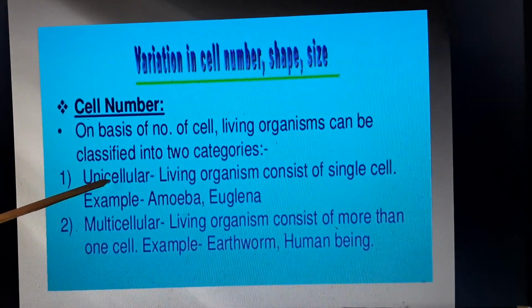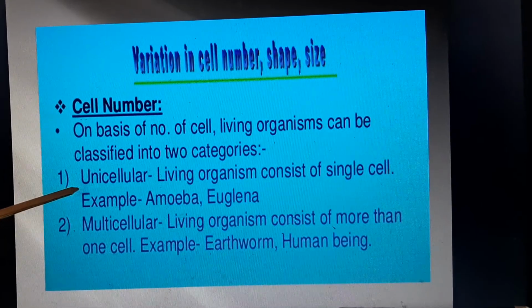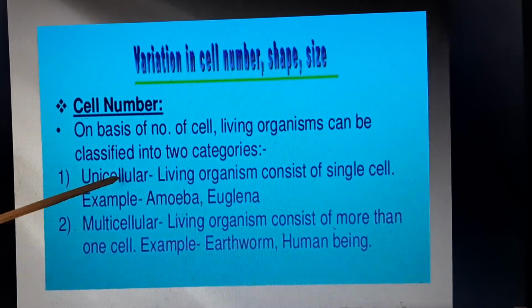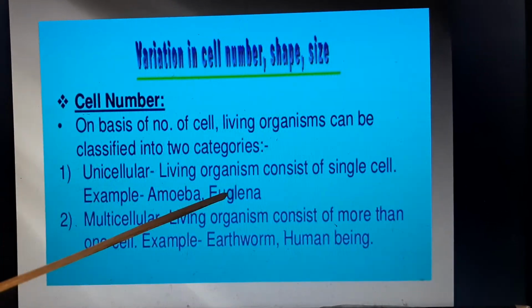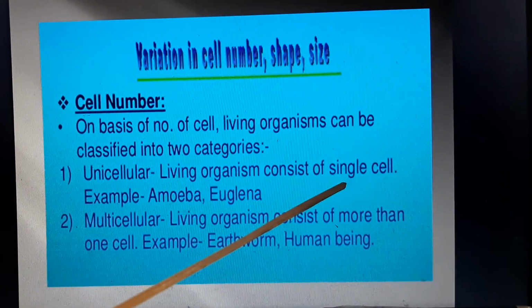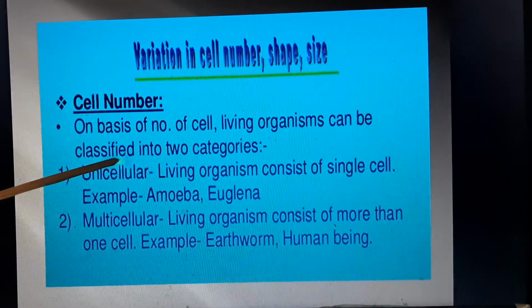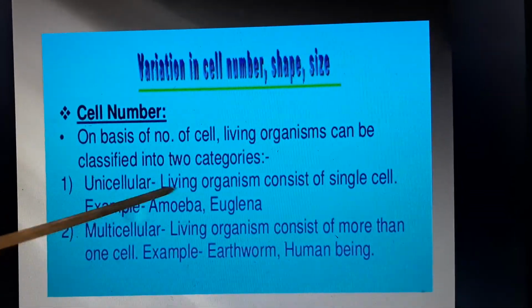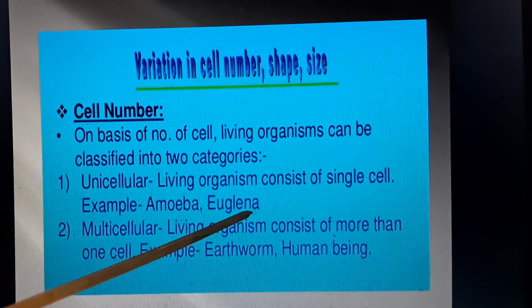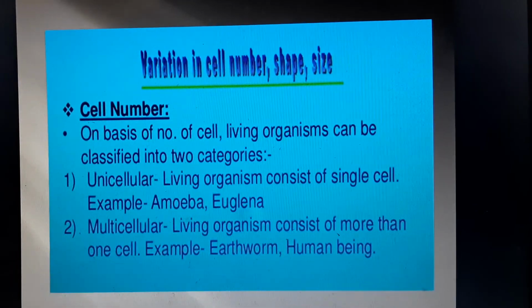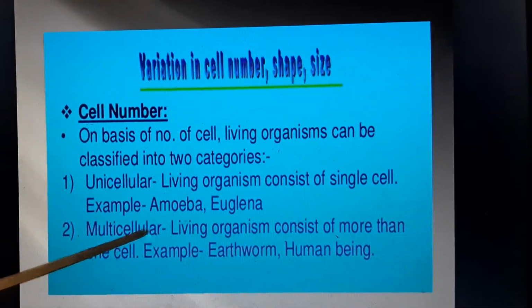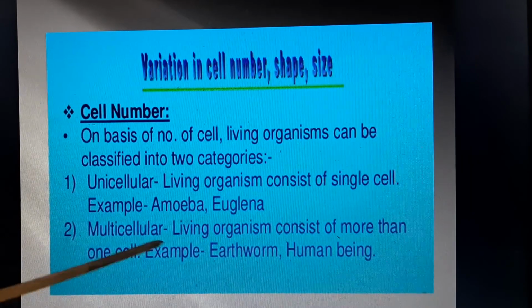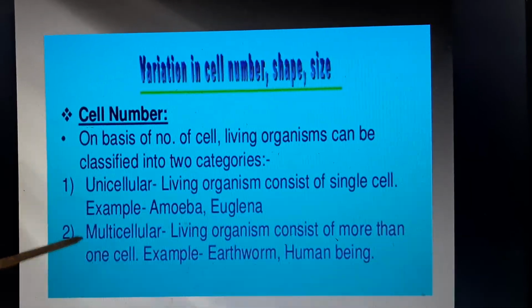Students, as its name suggests, uni means single, cellular means cell. A living organism that consists of a single cell is called a unicellular organism. It includes the examples amoeba and euglena. Next is multicellular. Multi means many, cellular means cells.